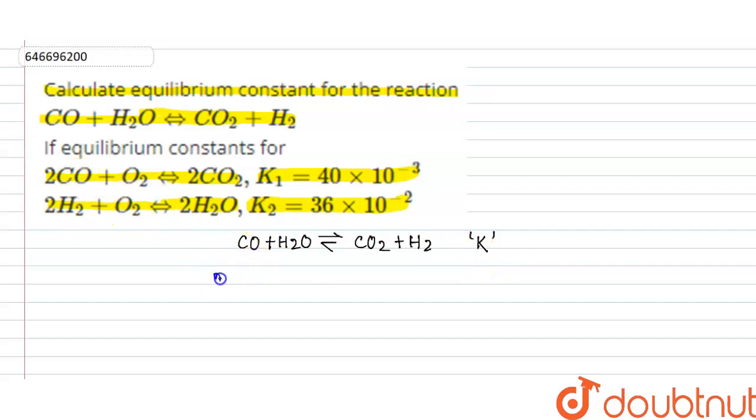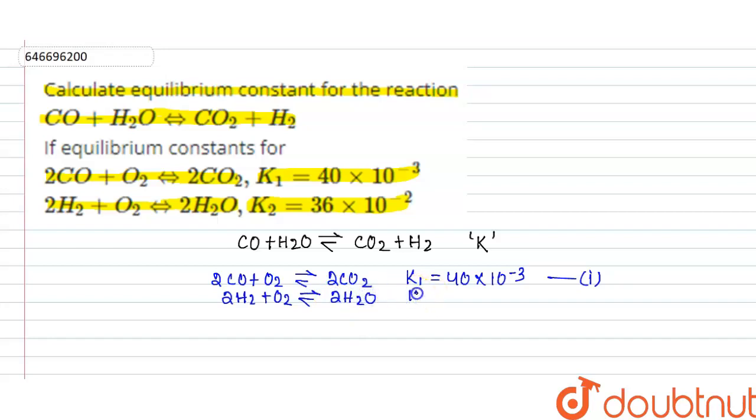So the first equation is 2CO plus O2 gives rise to 2CO2 and the equilibrium constant K1 is 40 into 10 to the power minus 3. So this is equation 1. Equation 2 is 2H2 plus O2 gives rise to 2H2O and the equilibrium constant K2 is 36 into 10 to the power minus 2. So this is equation 2.